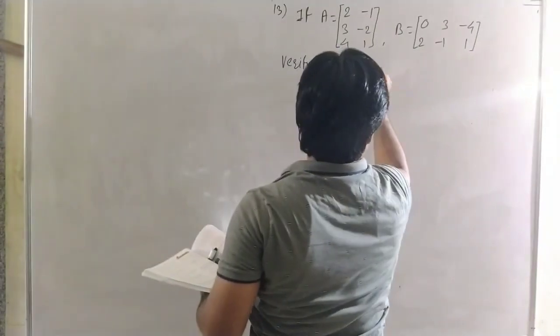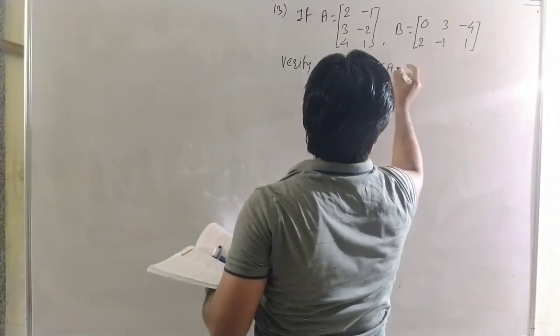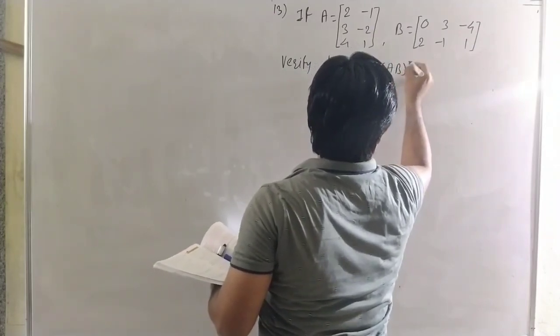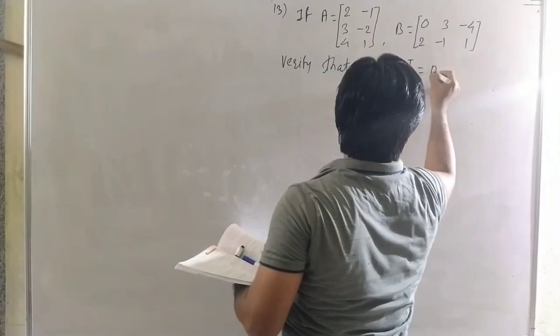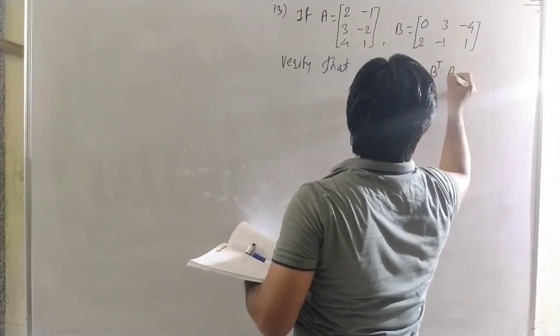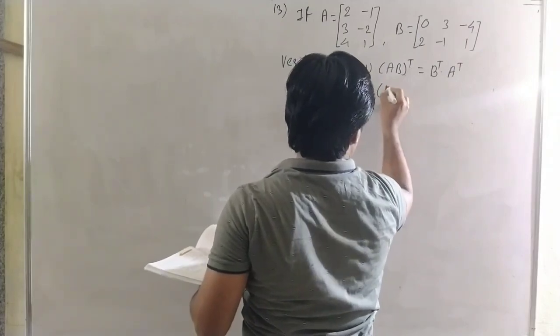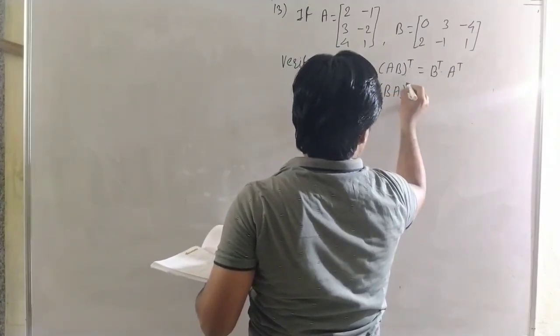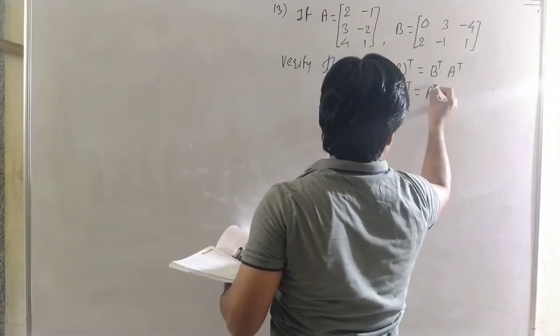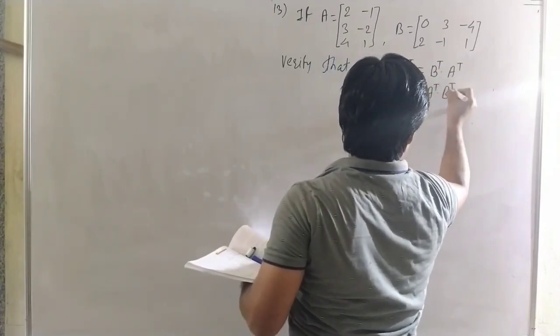Verify that number 1, (A into B) transpose is equal to B transpose into A transpose, and number 2, (B into A) transpose is equal to A transpose into B transpose.